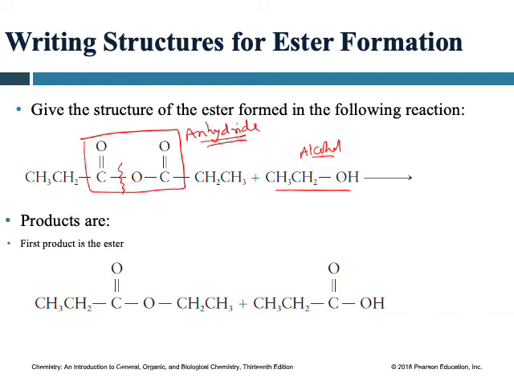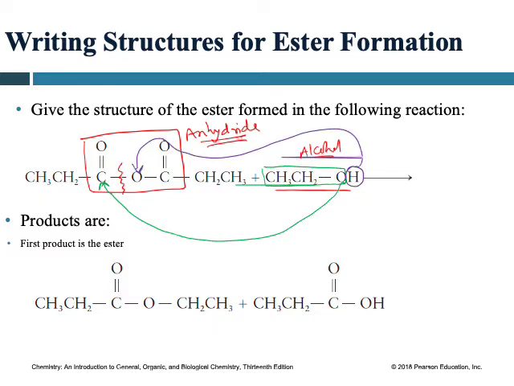This CH3CO with an oxygen is going to attack this carbon, and the leftover hydrogen is going to bind with this oxygen. And that's how you're going to make CH3 C double bond O, CH3 C double bond O, then this CH3CH2O, CH3CH2O, and this is your ester group.